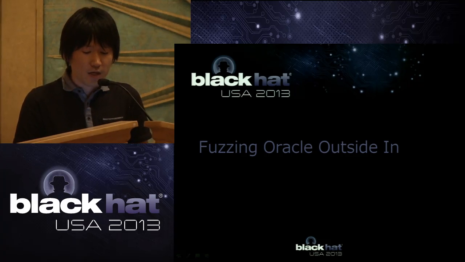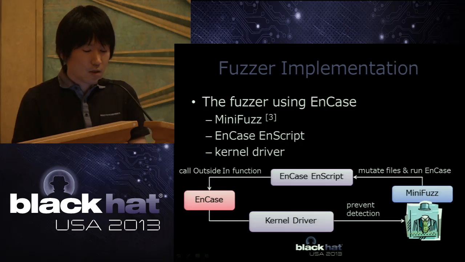I performed fuzzing to discover bugs in the Outside In library. I briefly show the implementation. This is an outline drawing of the fuzzer implementation using EnCase. It's composed of three factors. First, I use MiniFuzz, a file format fuzzer provided by Microsoft.